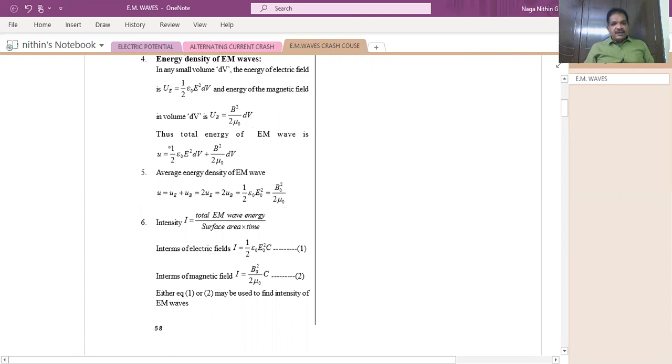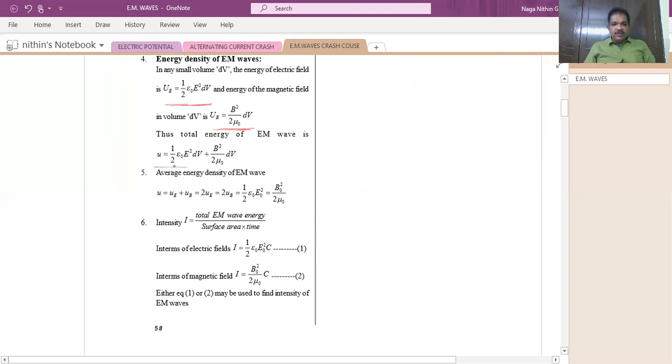Next, the electric field creates some energy. The energy created by the electric field in a small volume dV is UE equal to 1 by 2 epsilon naught E square into dV. The energy created by the magnetic field in the small volume dV is UB equal to B square by 2 mu naught into dV.